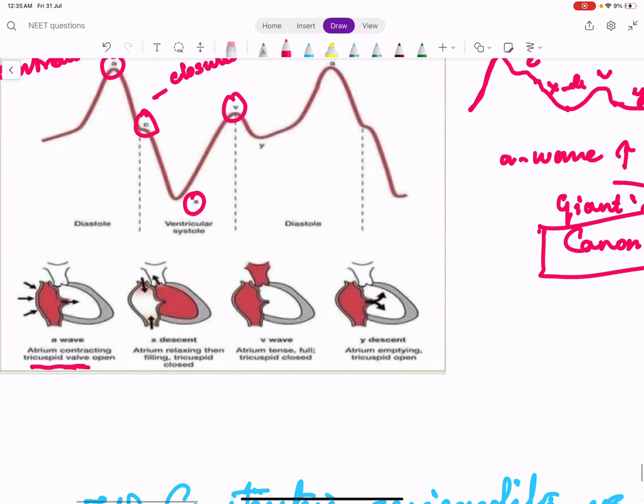So X descent occurs when the ventricle relaxes and the tricuspid valve descends. After this, atrium is also relaxing. So blood from the IVC and SVC come into the right atrium and atrium starts filling. So this venous filling leads to V wave.